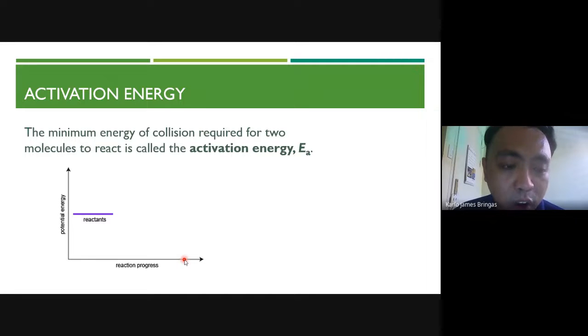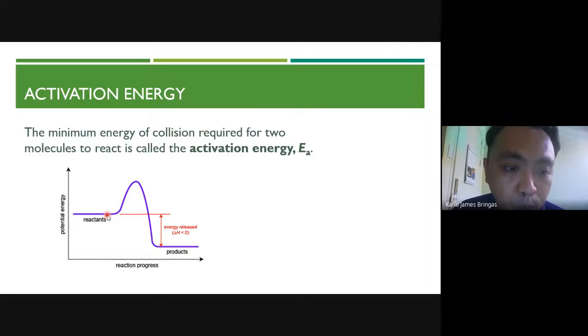So let's say we have our reactants having a potential energy right over here. As the reaction progresses, we're now able to form this particular curve in the energy diagram. Notice here, before we can go from the reactants to the products, we have something like a bump or a hill na kailangan nating akyatin.